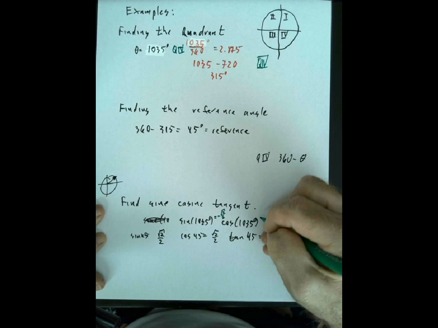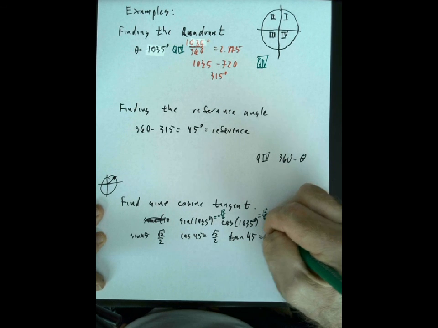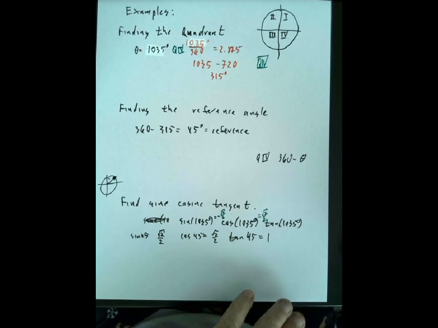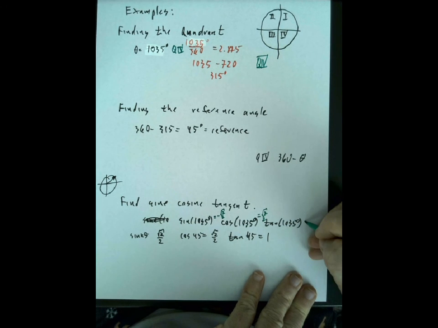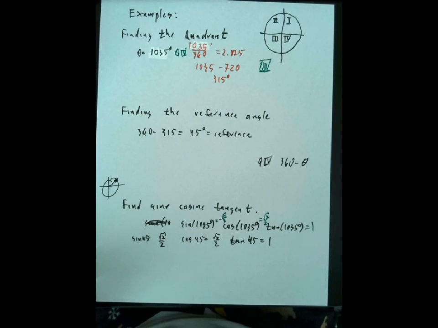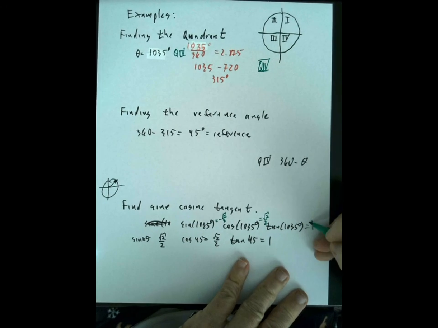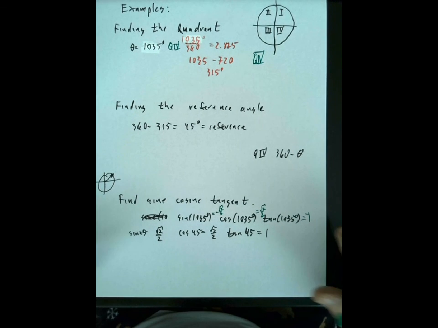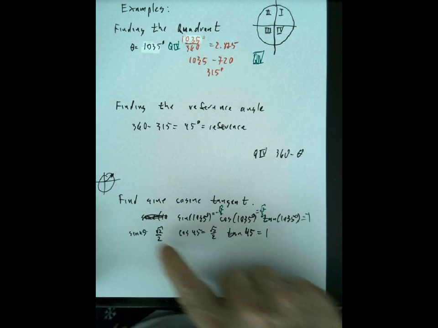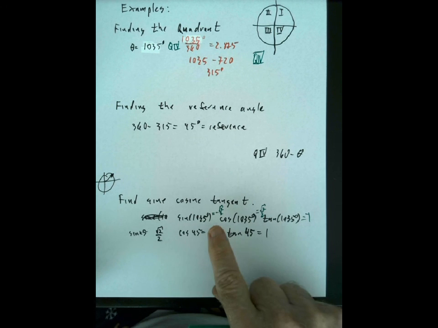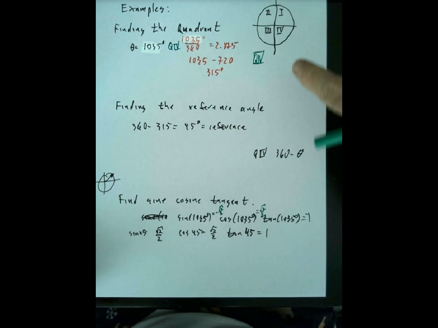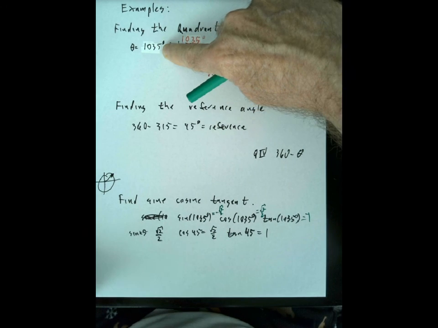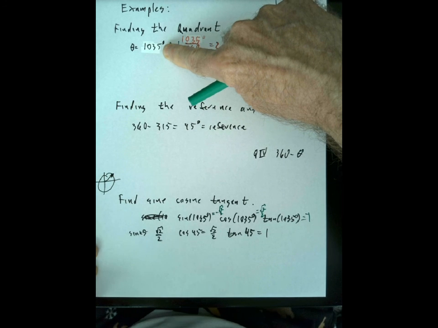The cosine is positive radical 2 over 2. Sorry, bad planning here. And then the tangent of 1035 is equal to 1. Sorry, negative 1. Okay? So anyway, this is the end problem, the overarching problem. But first, define the sine, cosine, and tangent of 1035.